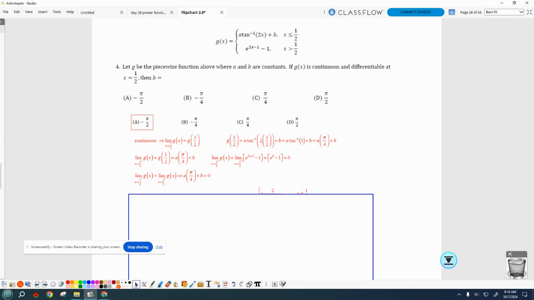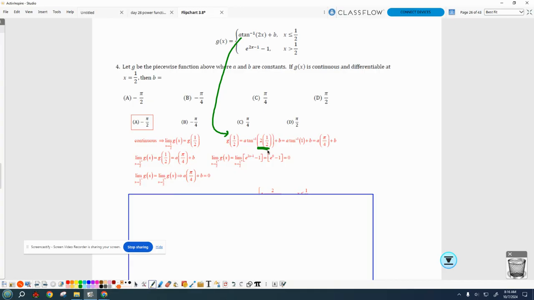For something to be continuous, the limit from the left and the right at the place where this breaks needs to equal the function at that place. So they're setting this up, plugging in x is 1/2. This side, a times arctan of 1/2 times 2, arctan of 1, what comes out? Where is tangent 1?